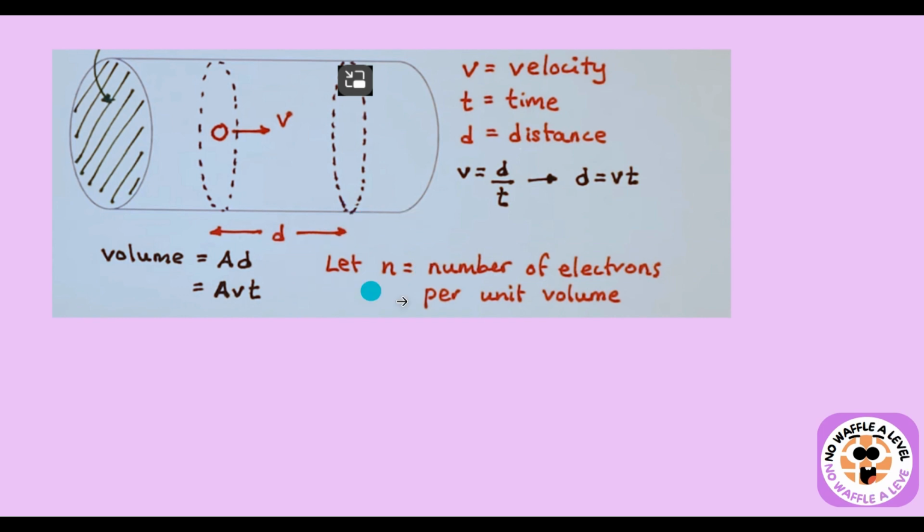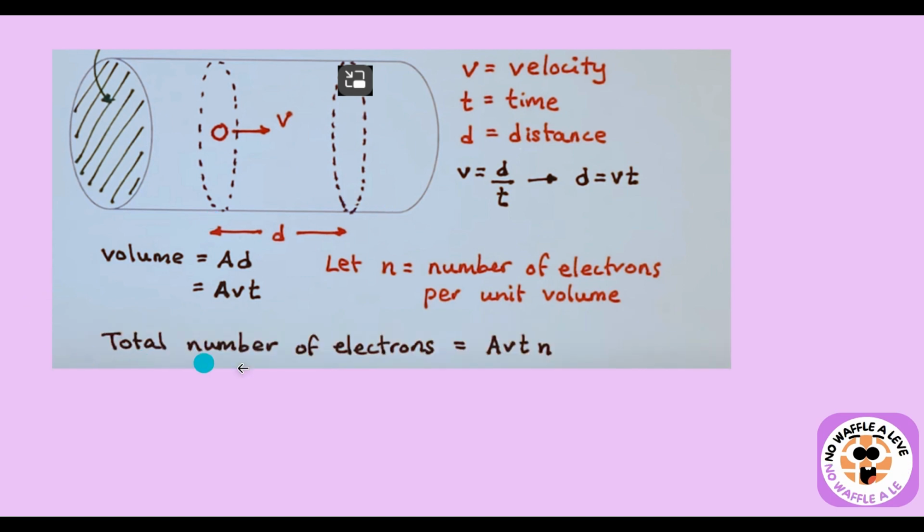Now let n equal the number of electrons per unit volume. For example, n here is the number of electrons per meter cubed. Now, the total number of electrons would be the volume multiplied by the number of electrons per unit volume, to get the number of electrons within that volume.